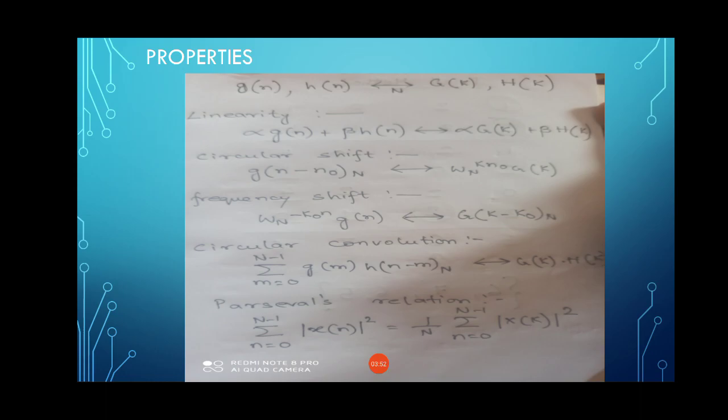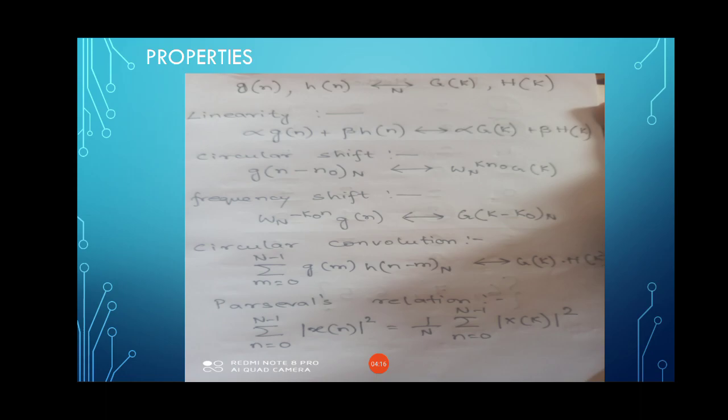And if you take its N-point DFT, we will have the individual DFTs of g of n and h of n, that is G of k and H of k, multiplied, as is the case in every other transformation method.